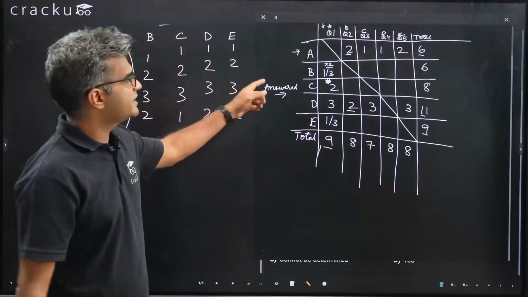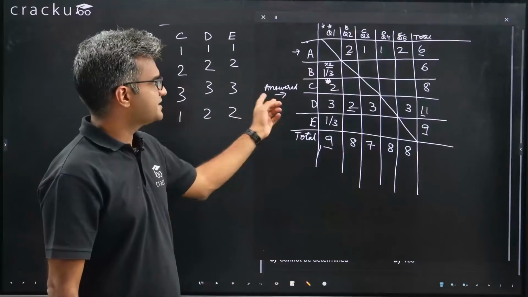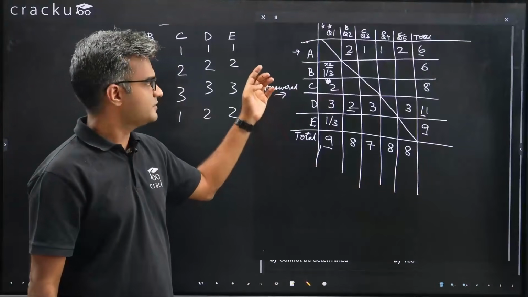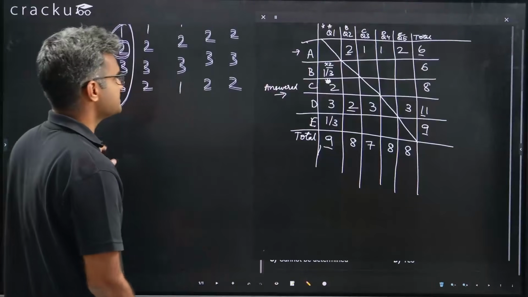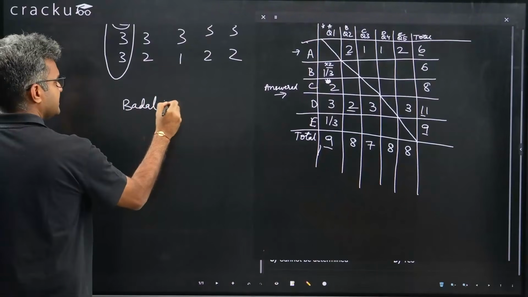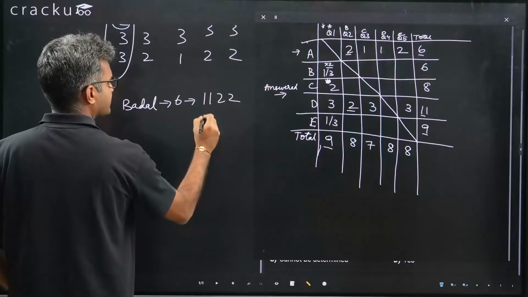But now if you are looking at the answers that Badal gave, Badal gave a total of 6 taps. That 6 taps have to come from 4 questions. So from the perspective of Badal, he will get a total of 6 either from 1, 1, 2, 2 or from 1, 1, 1, 3.